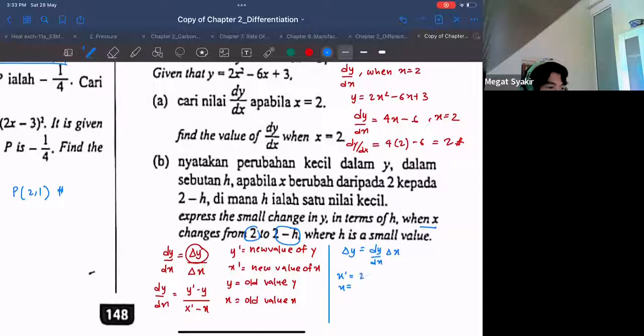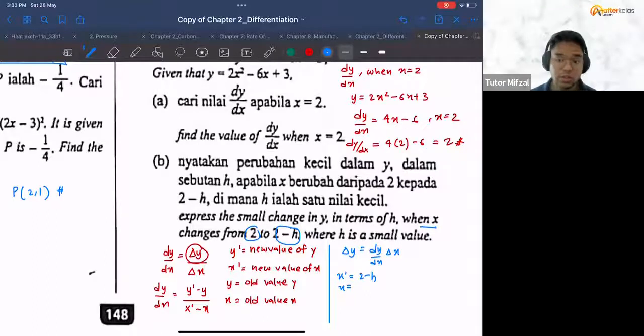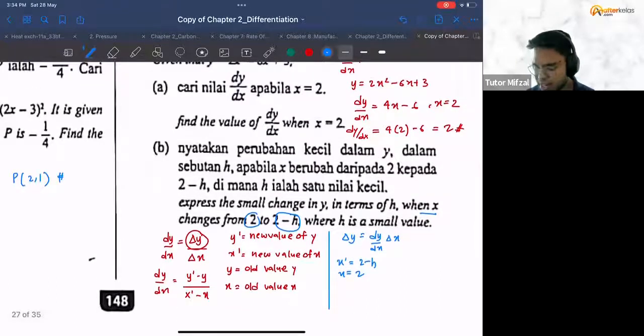Yes, x prime is 2 minus h, and your x is 2. Now we can already find delta x, because delta x is just x prime minus x. So delta x is equivalent to 2 minus h minus 2. So 2 minus 2, and we get negative h.